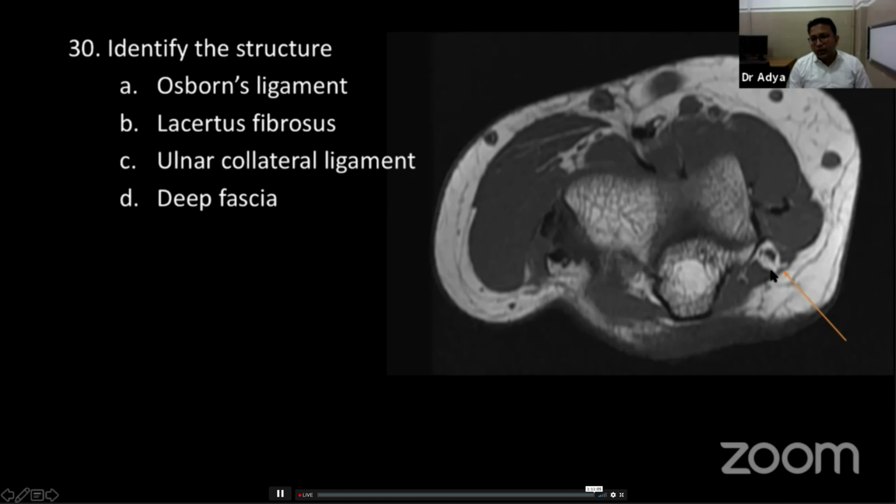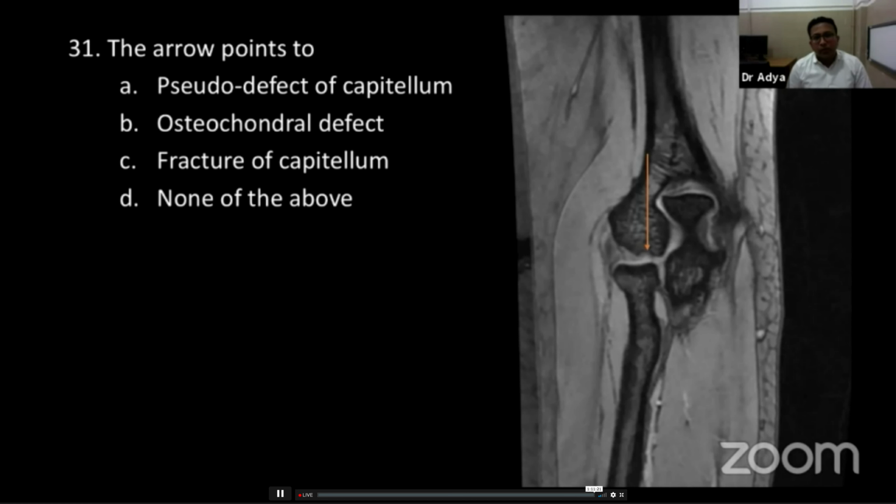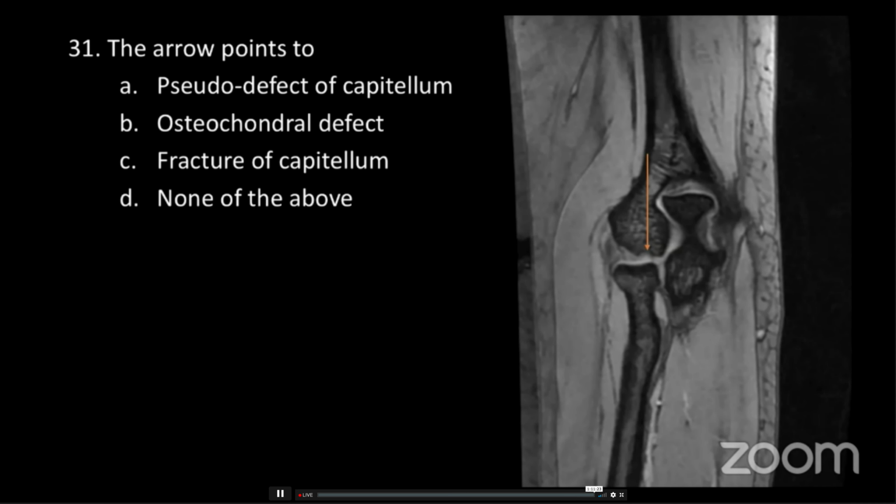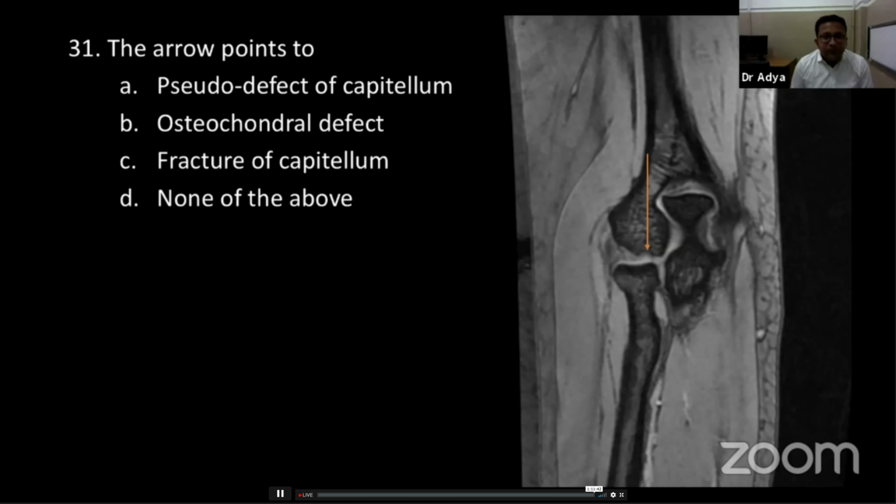Now 31, the arrow points to A, pseudodefect of capitellum, B, osteochondral defect, C, fracture of capitellum, or D, none of the above. We are live, sir. Ending the poll, sir.